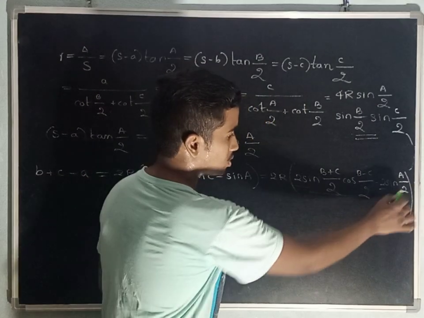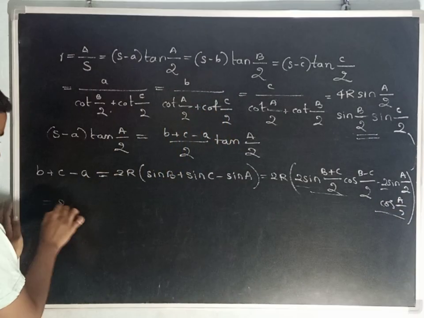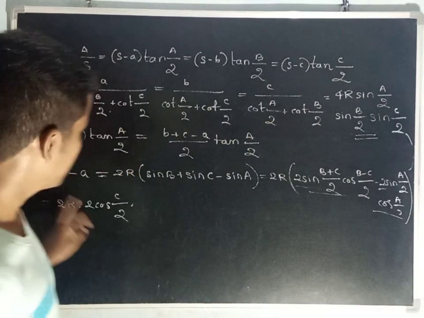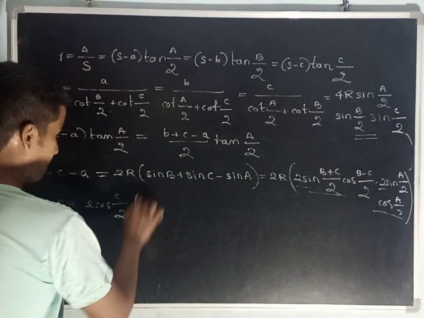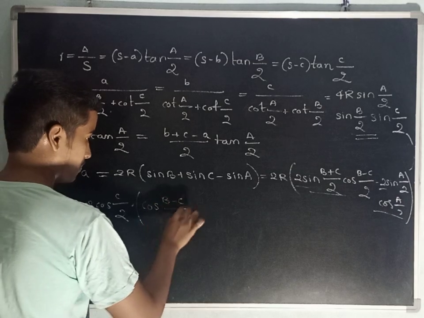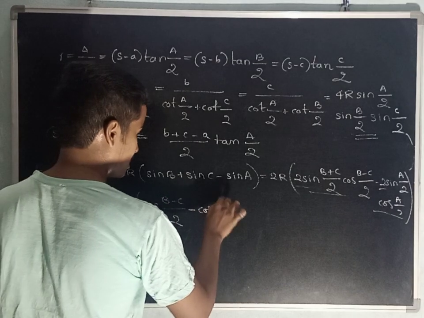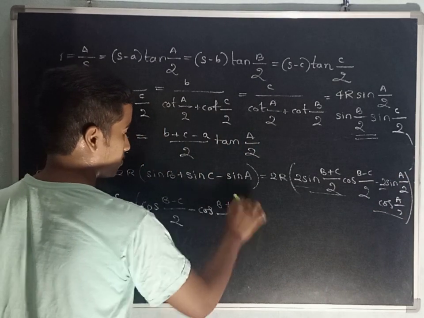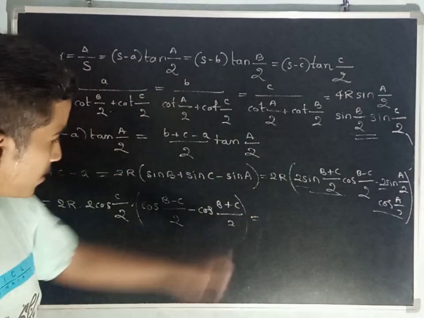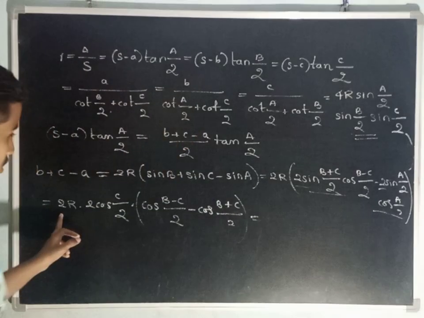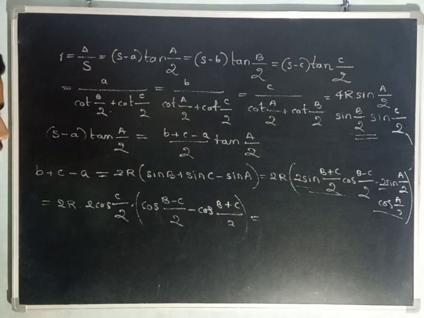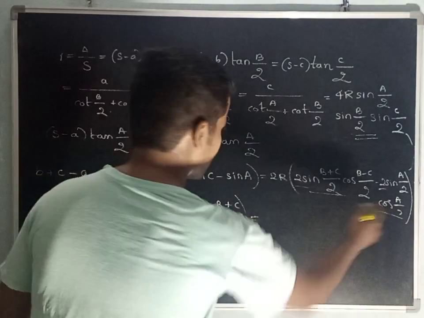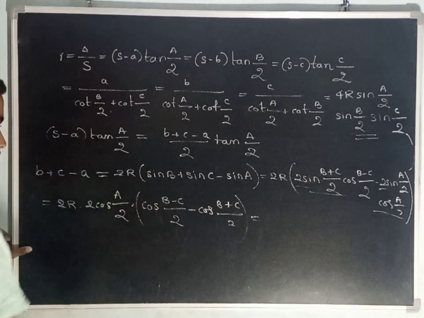So let me take 2 and this as common. 2R into 2 cos C by 2 into cos B minus C by 2 minus cos B plus C by 2, since sin A by 2 can be written as cos B plus C by 2. And for simplifying this, we are going to get 2 sin A by 2 sin B by 2 cos A by 2.